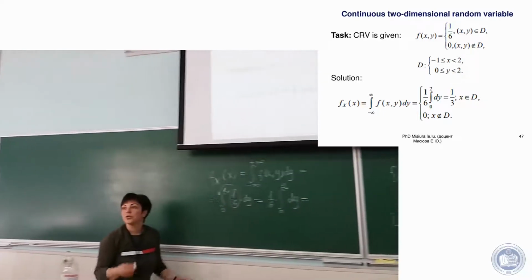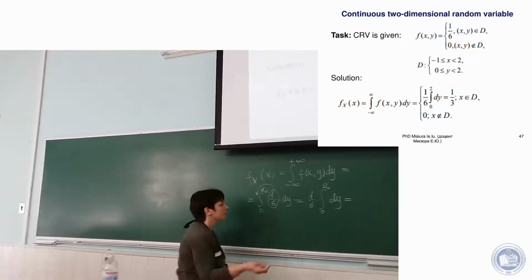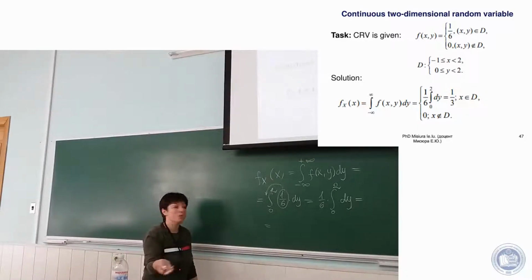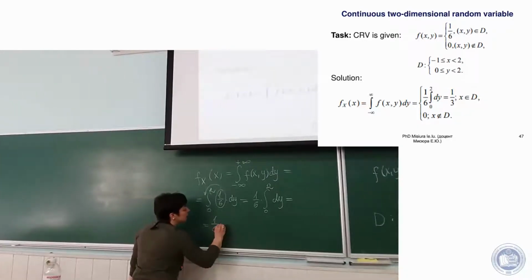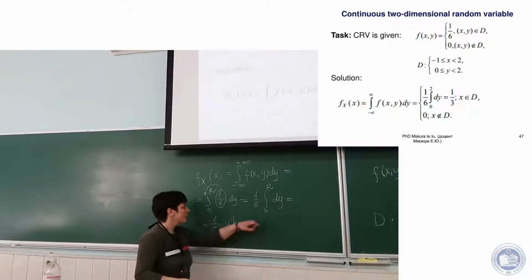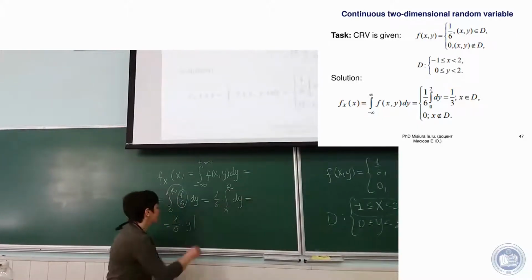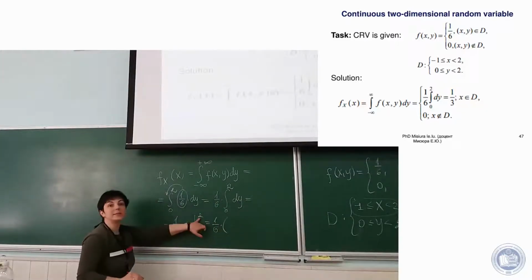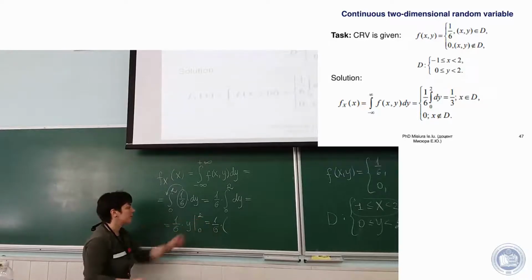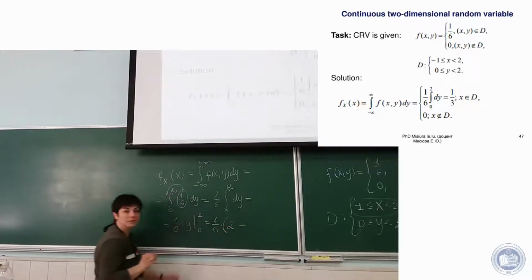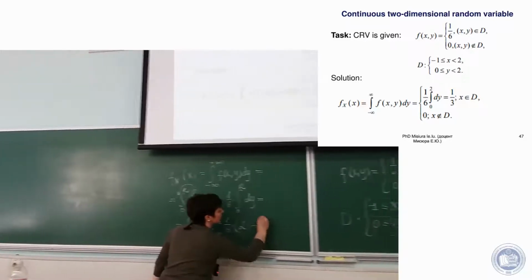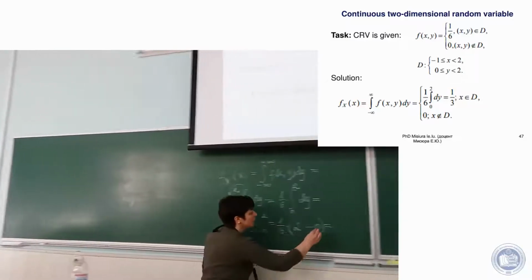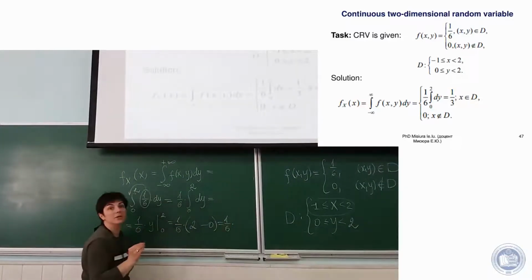Do you remember integral of dy? Integral of dx will be x. Yes, integral of dy will be y. Okay, let's leave 1/6 times y if y is changed from 0 to 2. Okay. 1/6 times. Let's remember. Let's substitute the upper limit minus 0. Okay. And what result do you have? 1/6 multiplied by 2.